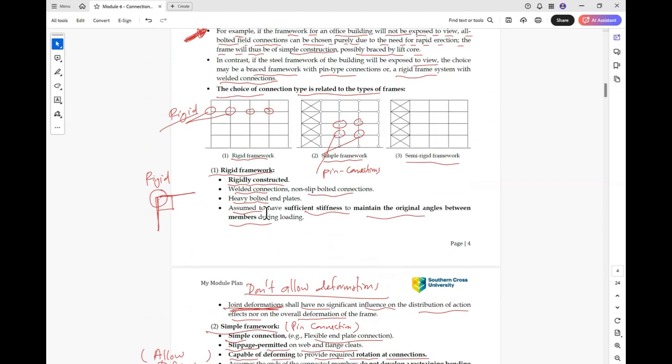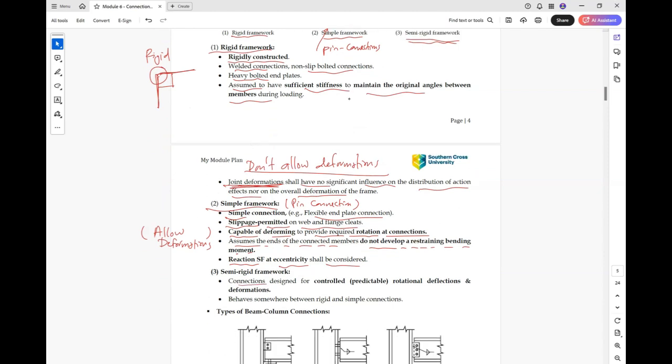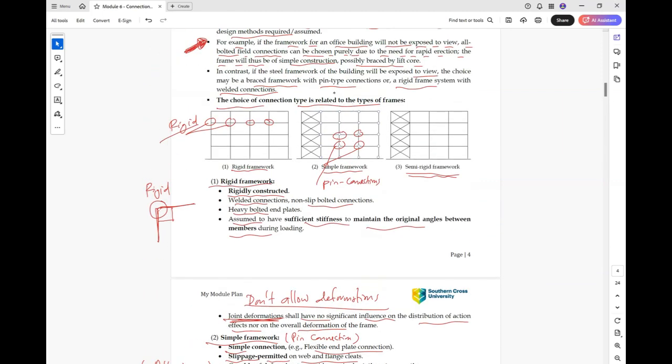For semi-rigid framework, a semi-rigid framework connection is designed to control rotational deflection and deformation. So the connections in these members are something between pin and rigid connection. Not pure pin or pure rigid, something between.